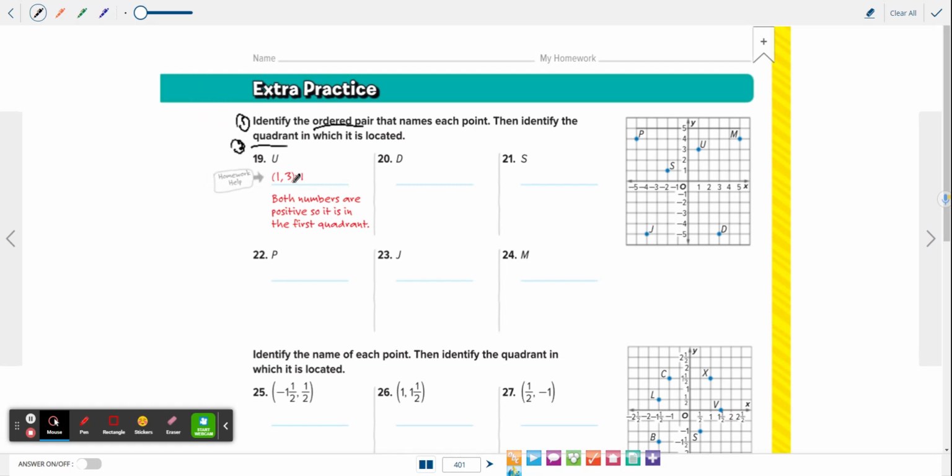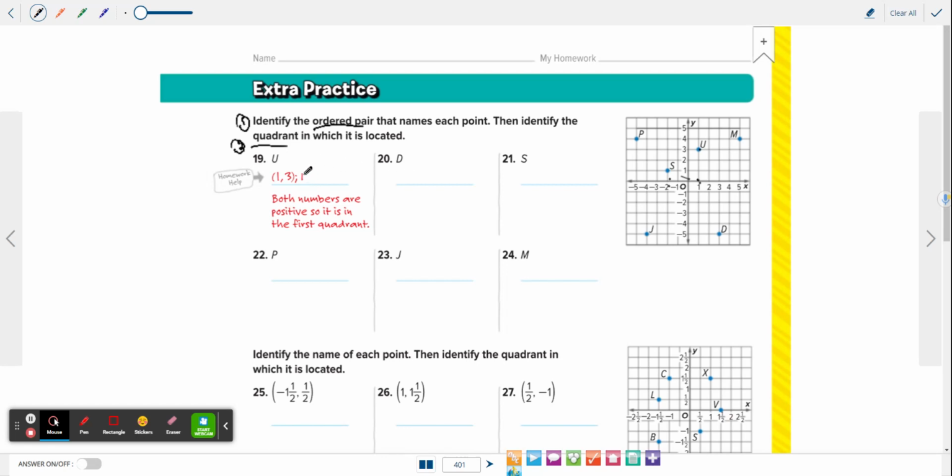So 2 things to do here. So for you, they found that and they found it was over 1. So that's 1, up 3, 1, 3. Oh, I did -1. 1, 3, yes, is in quadrant 1.